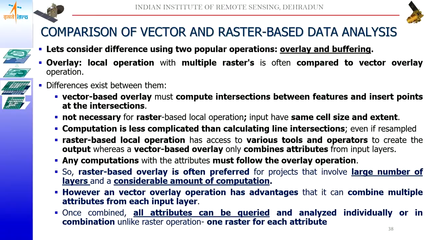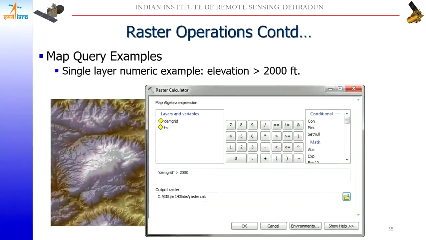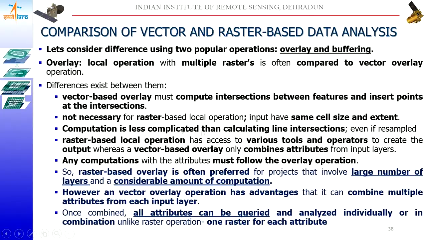That's why we are saying the computation is less complicated than calculating those intersections, computing the geometry and so on. Now from the raster advantage we get, if we do a local operation, let's say the overlay, we get access to the various tools and operators which I have shown you here. So we get logical, relational and those kinds of operators available to us.